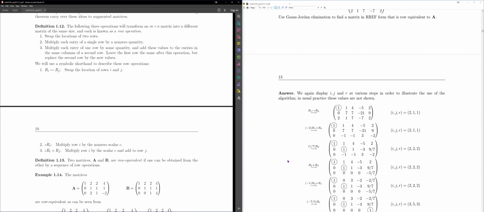Then an example of multiplying row i by a scalar and adding it to row j. Let's go from here to here. What I want to do is multiply this row by minus 2 and add it to this row, and it's the third row that's going to change.